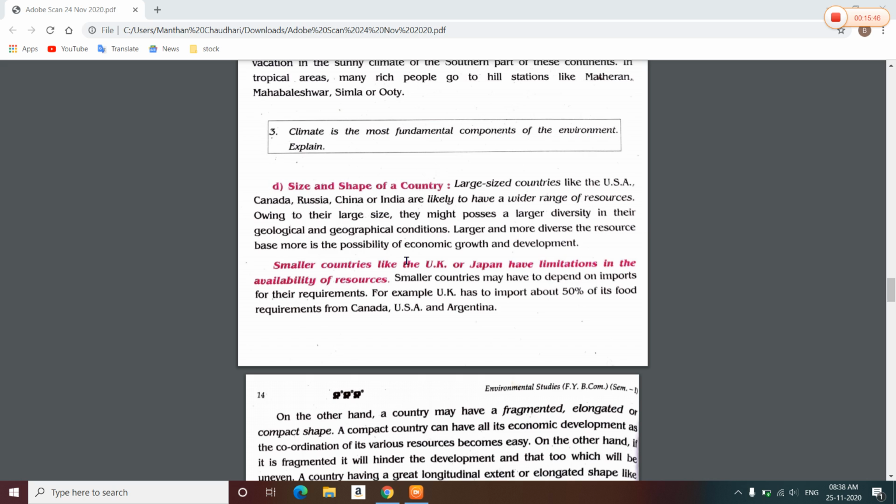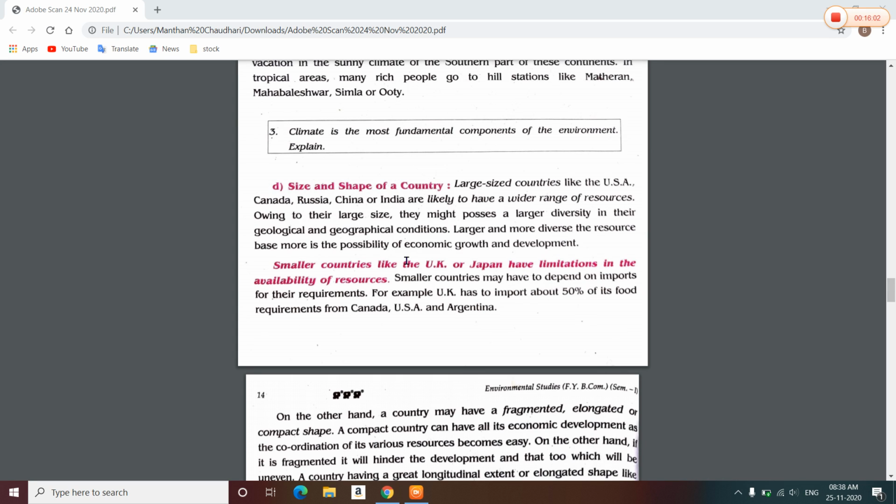small size countries also, like UK, Japan, etc. Of course, they have limitations in the availability of resources.